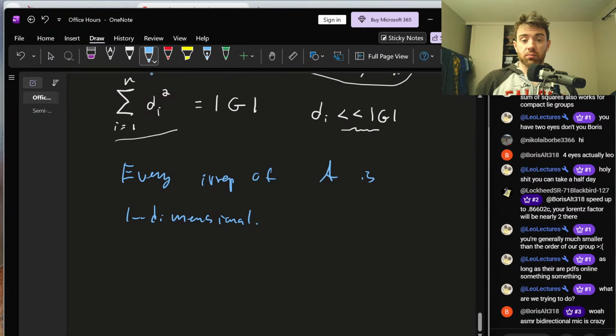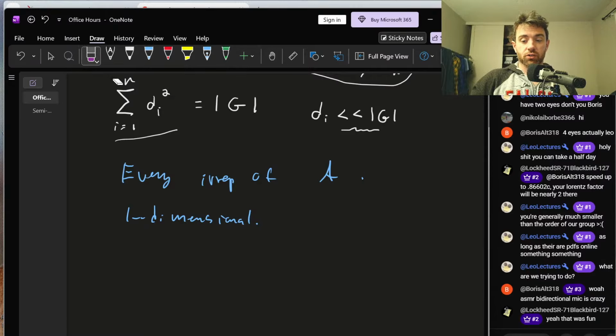Interestingly, a result that I've heard of is that every irrep of G is one-dimensional if and only if G is abelian.